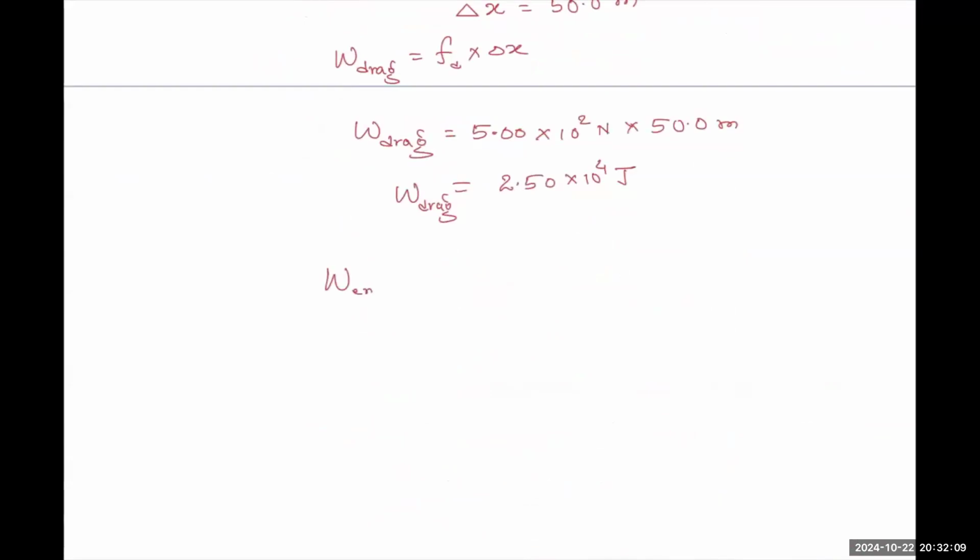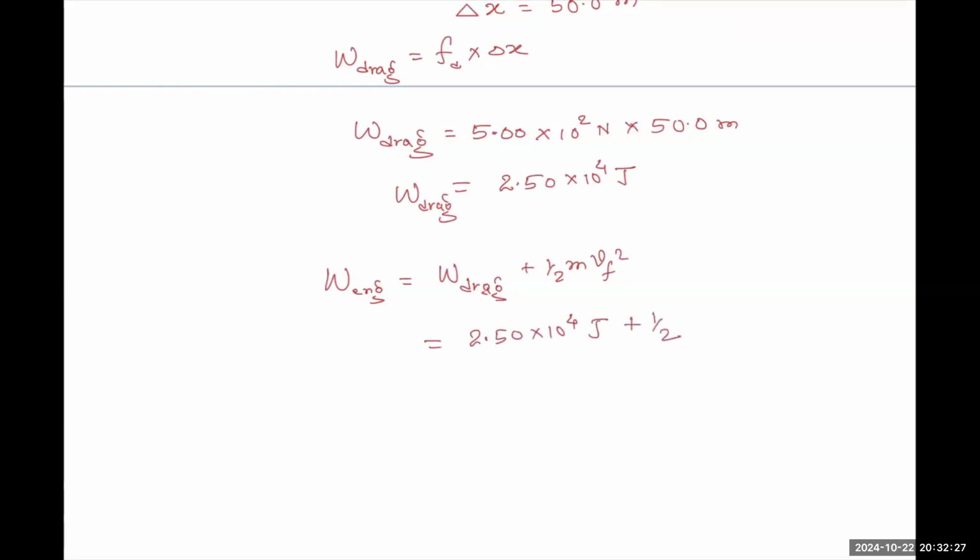Work due to engine is equal to W drag plus half m v f square. So W drag is 2.50 times 10 to the power 4 joule plus half. What's the mass?